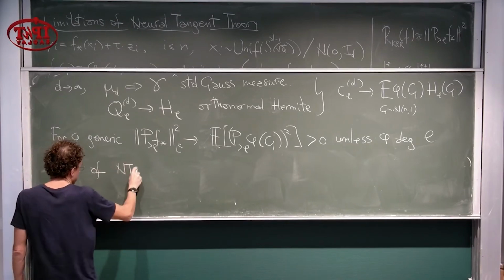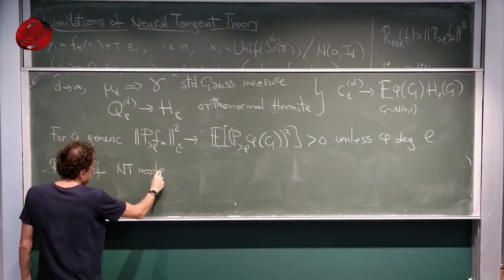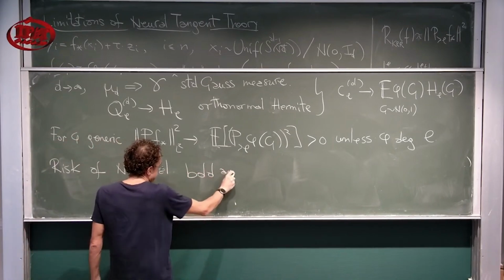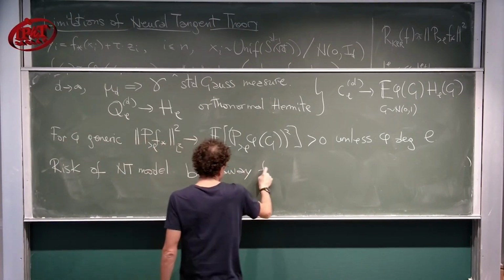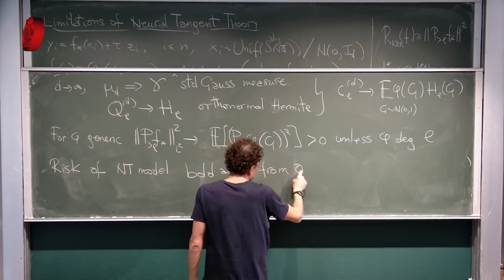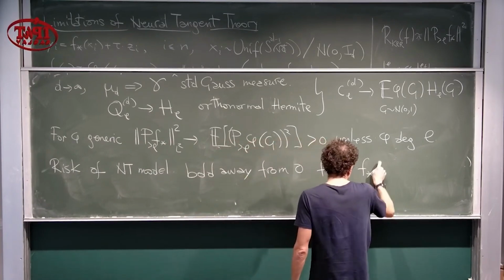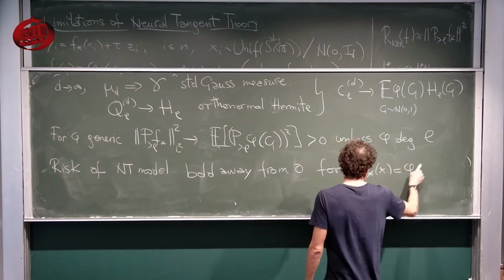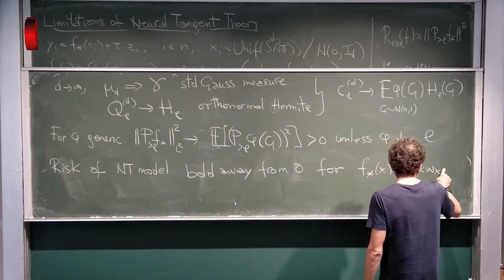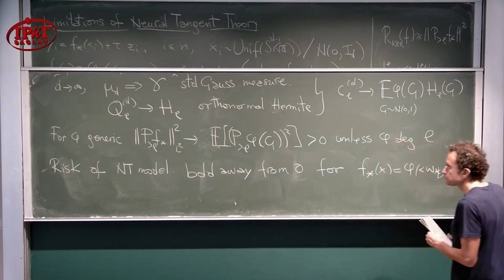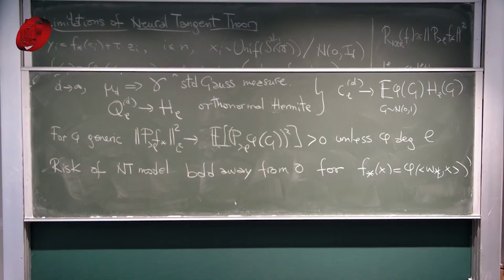The risk of the neural tangent model is bounded away from 0 for this simple model. This is kind of disappointing.